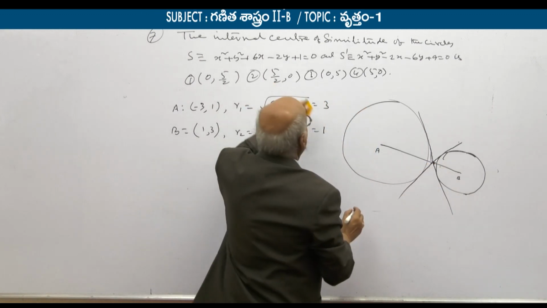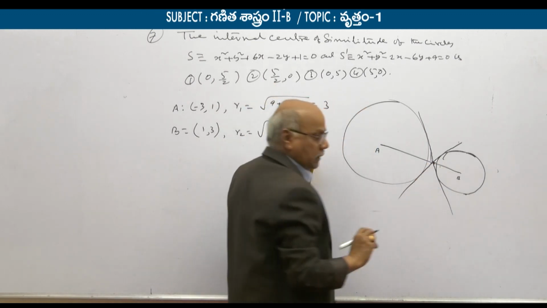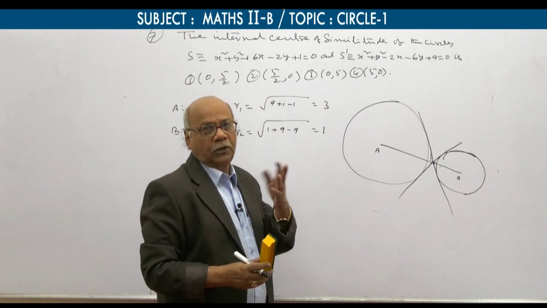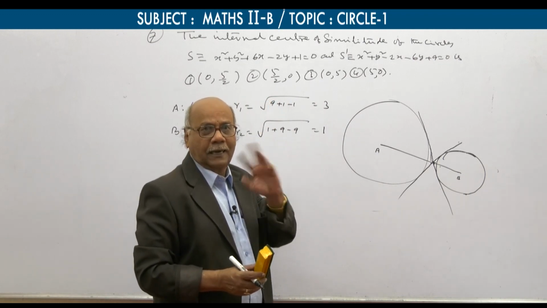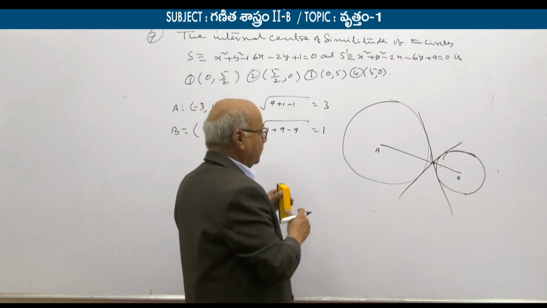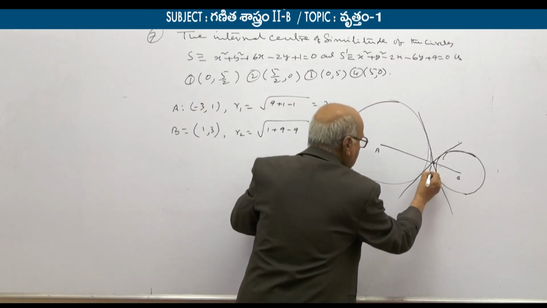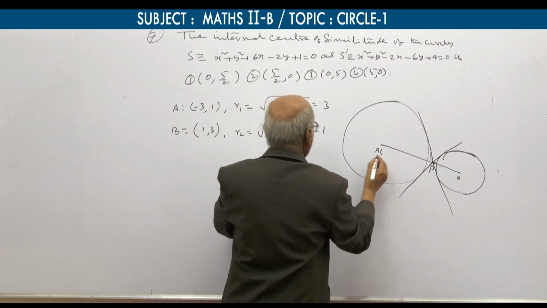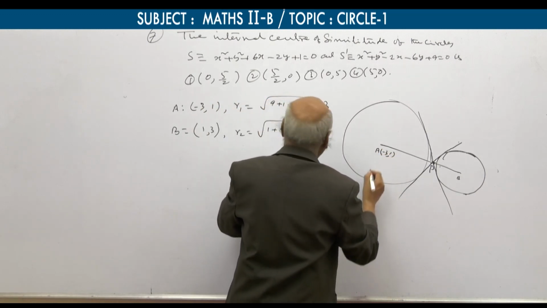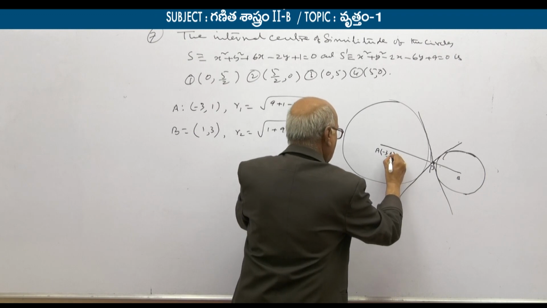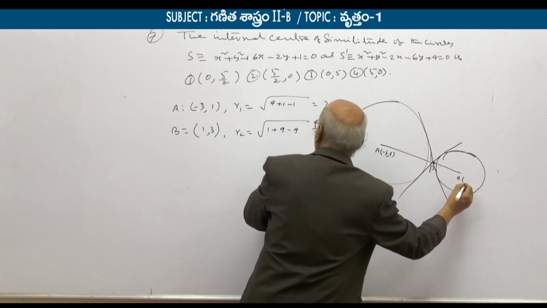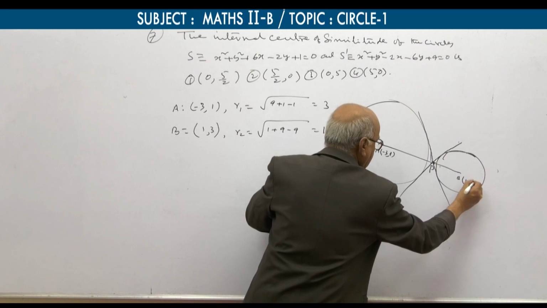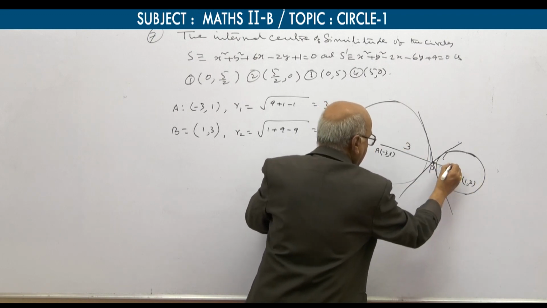Actually, of course, here I have used S and S dash, but the centers of similitude are usually denoted by S and S dash. Suppose this is P. So A is the center (minus 3, 1), and B is (1, 3), and radii 3 and 1.